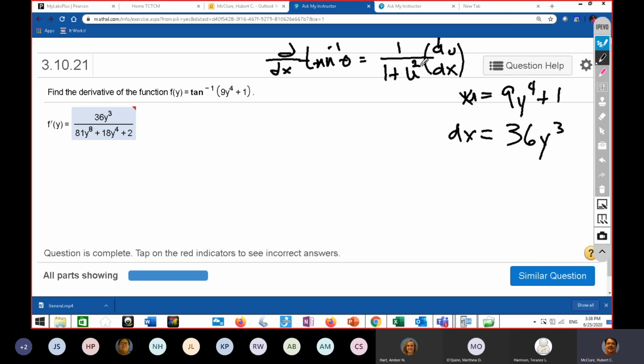So plug and shove, because that's what a lot of these are. So 1 over 1 plus parentheses squared times the derivative of what's inside. And I'm going to do that in magenta.